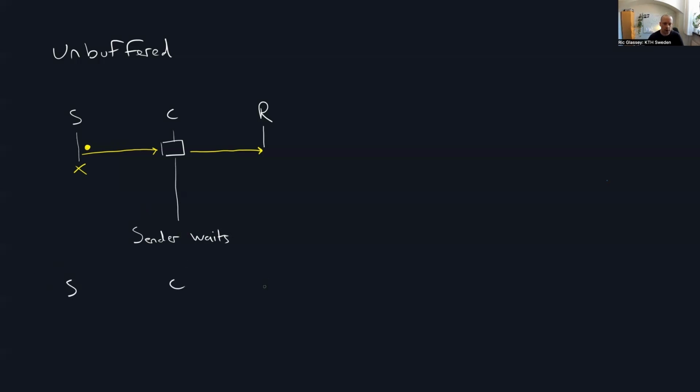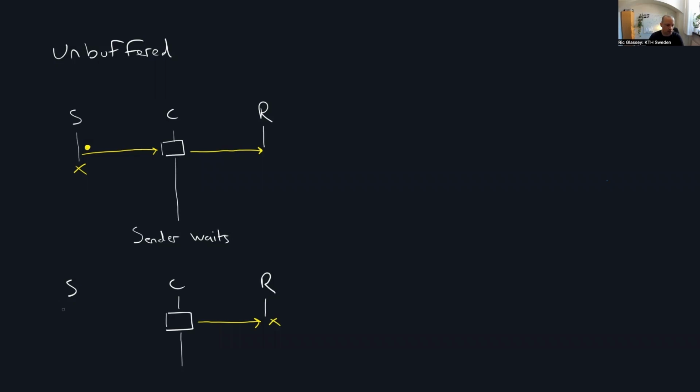Then if we have the other side, again, we have a channel. If the receiving goroutine is coming along and it has a read from the channel, if nothing is in the channel, then this is going to block until something appears.